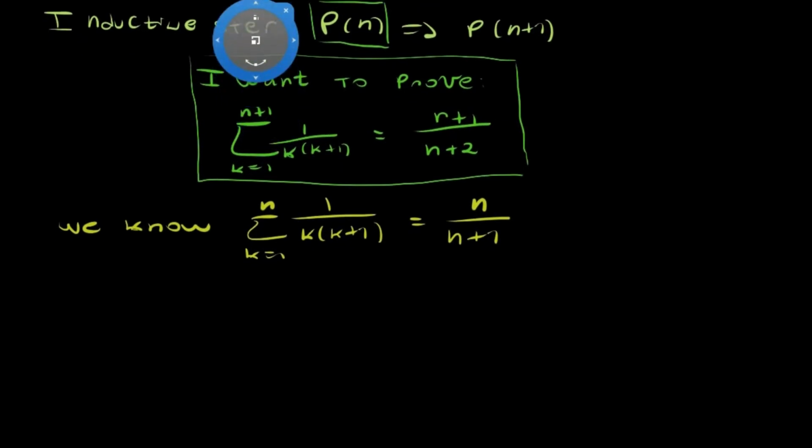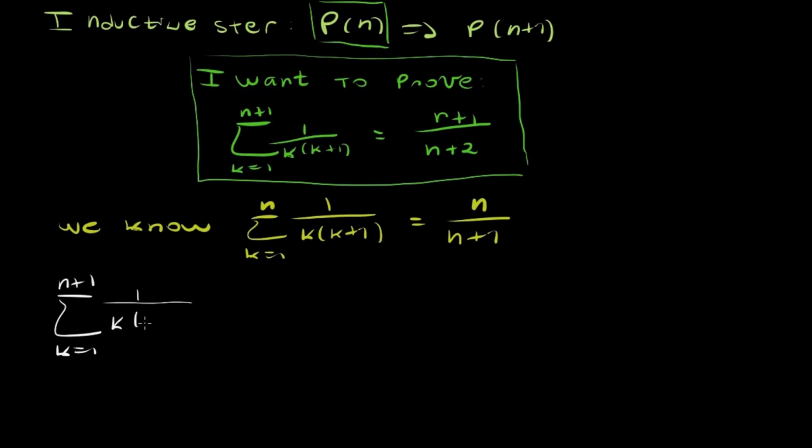Let's go ahead and start proving this. So we start with this side of the expression. This is the sum k equals 1 to n plus 1 of 1 divided by k times k plus 1.